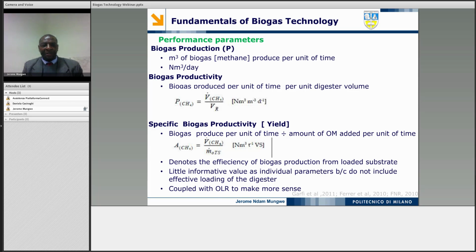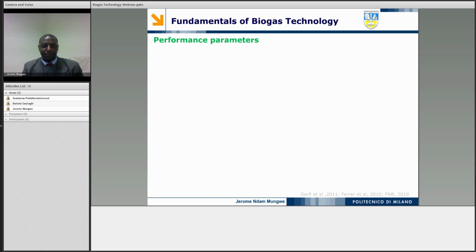Measuring the specific biogas productivity denotes the efficiency of biogas production from the loaded substrates. It gives us very little information as an individual parameter, but if we couple this with other parameters, it can make sense in determining the performance of the digester.